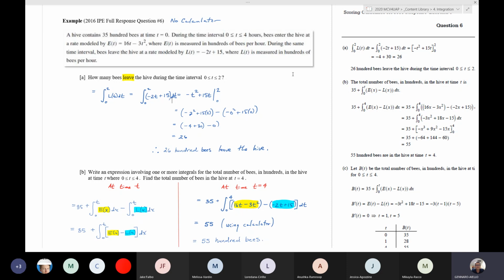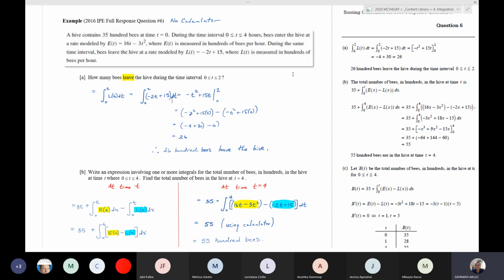I'm going to sub in 2 and I'm going to sub in 0. That's what that vertical line means. So that would be negative 2 squared plus 15 times 2, subtract negative 0 squared plus 15 times 0. So that second large bracket is 0. So I've got negative 4 plus 30, subtract the 0, gives me 26.